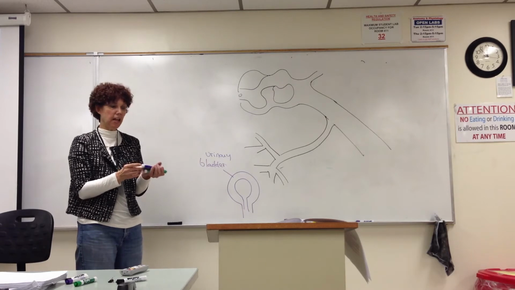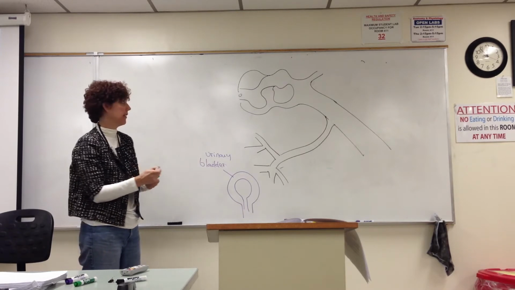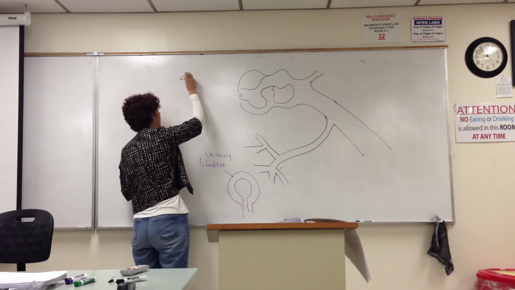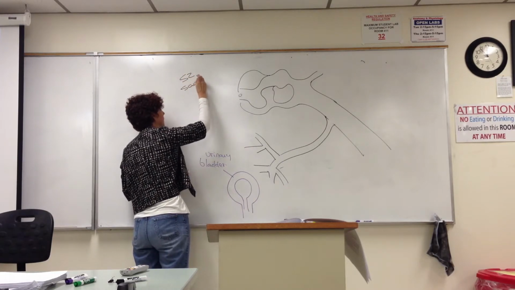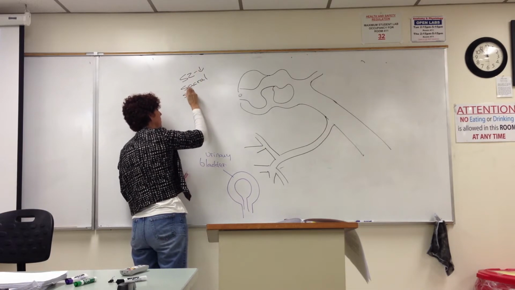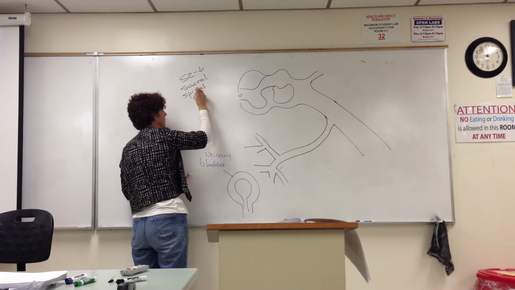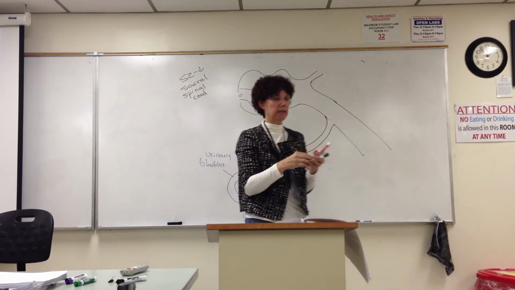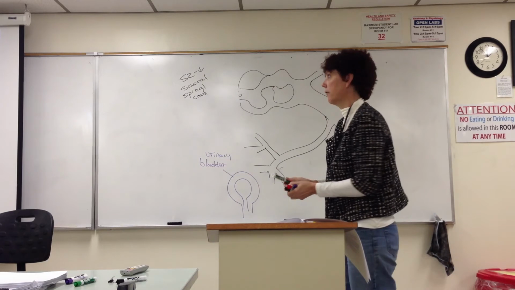So preganglionic neuron is found in the sacral spinal cord. So starting at S2 and lower, we have sacral spinal cord. And a lower motor neuron, you can draw this if you want to, I'm just drawing it for comparison.